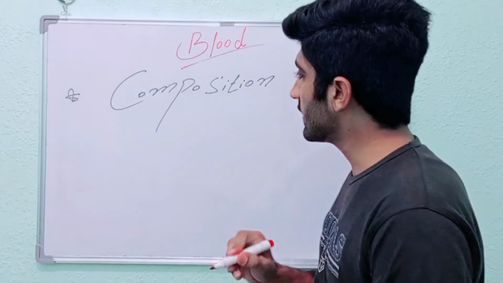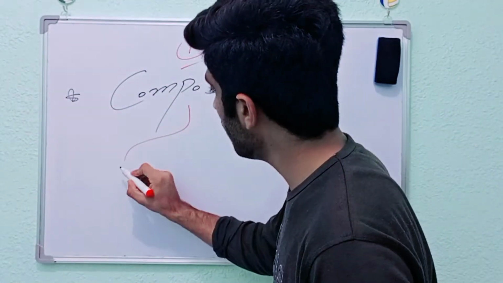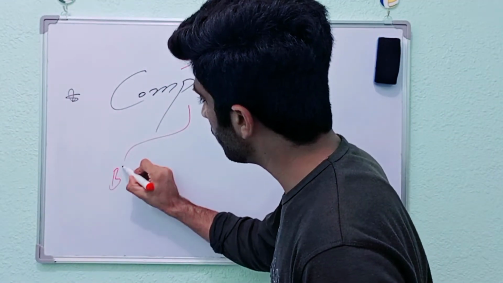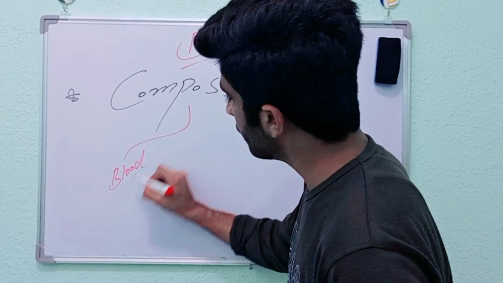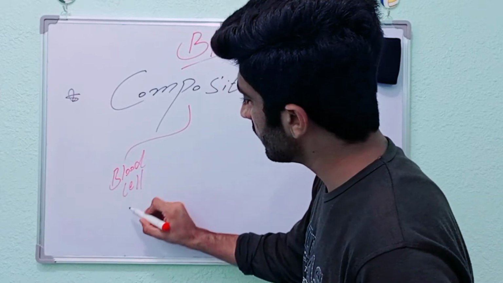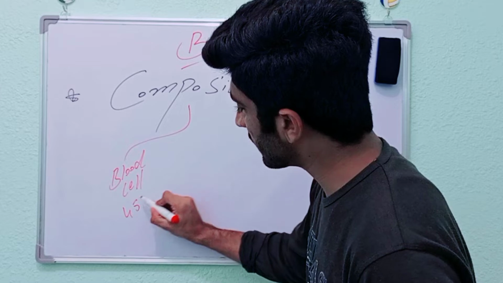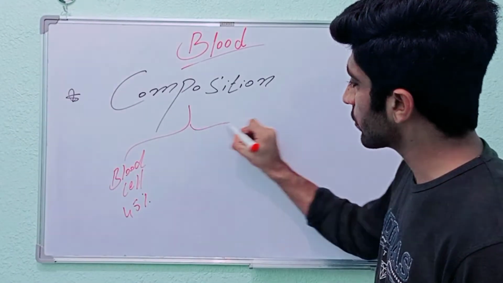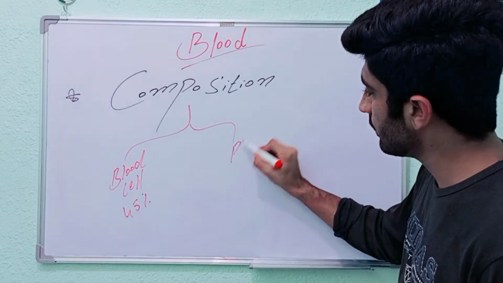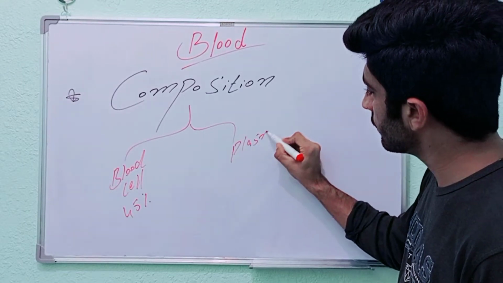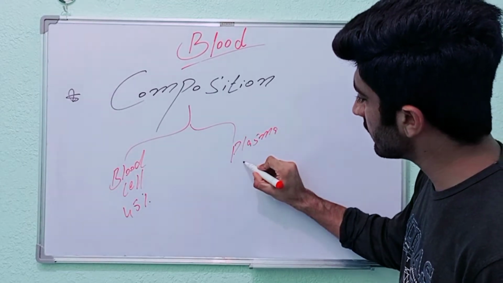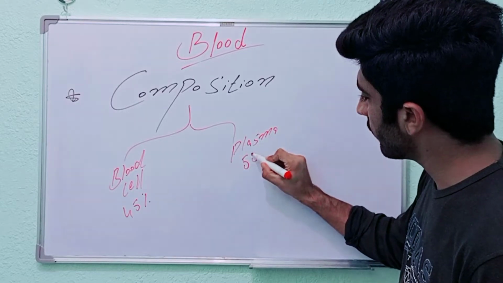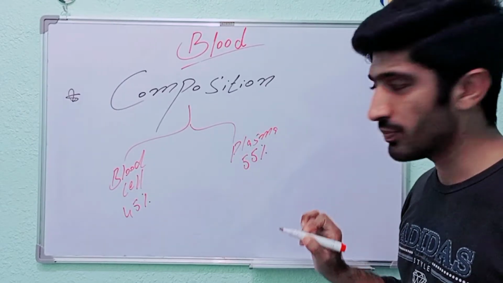Students, blood consists of blood cells, which are 45% of the blood, and also consists of plasma, which is 55% of the blood.